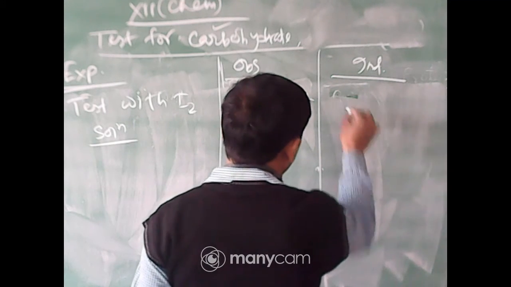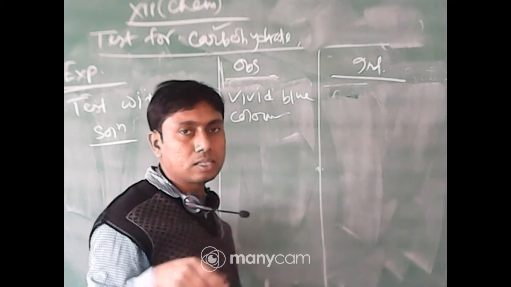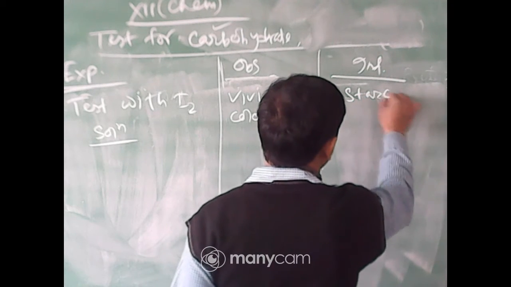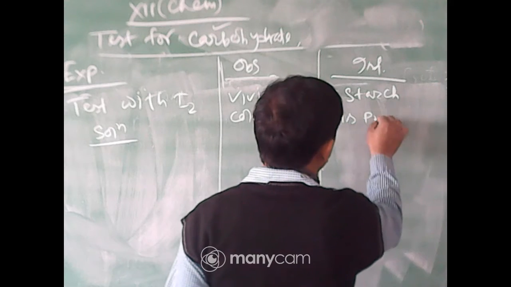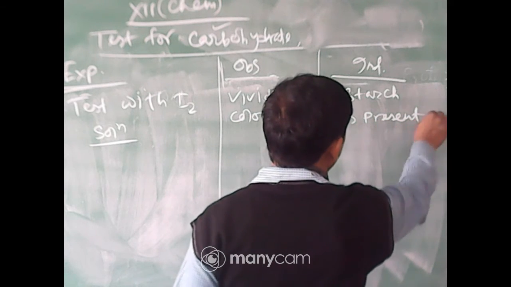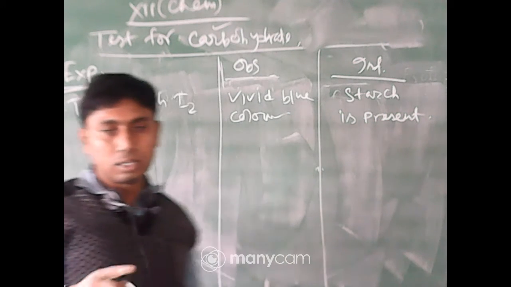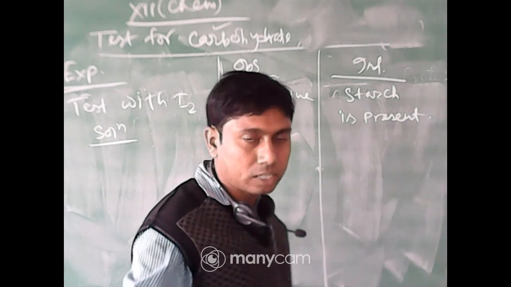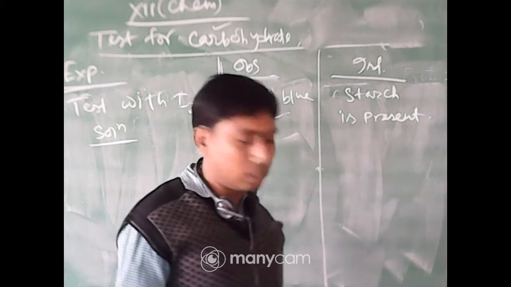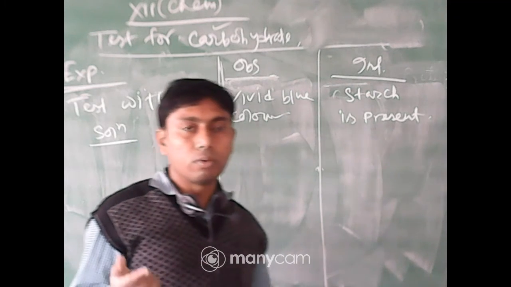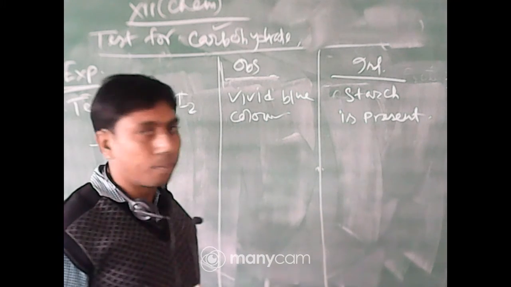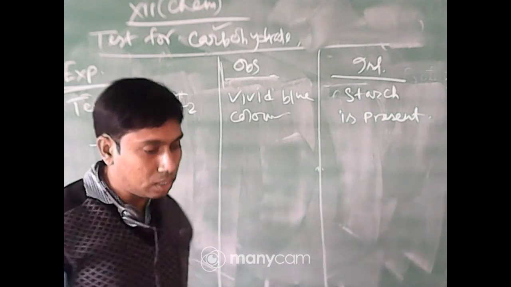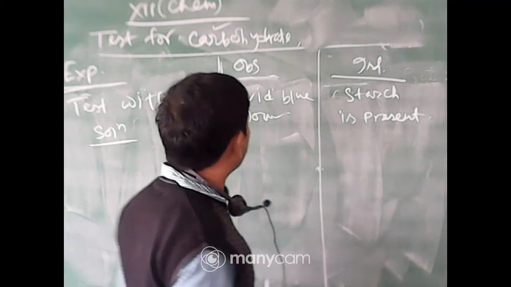The inference is that it is given only by starch, so we will write here starch is present. And I show you the comparison between the carbohydrates, that is the previous one, glucose or dextrose, and the starch. Okay, so by which test can we compare whether it is starch or not, that is the iodine solution. These are all the tests for carbohydrate.